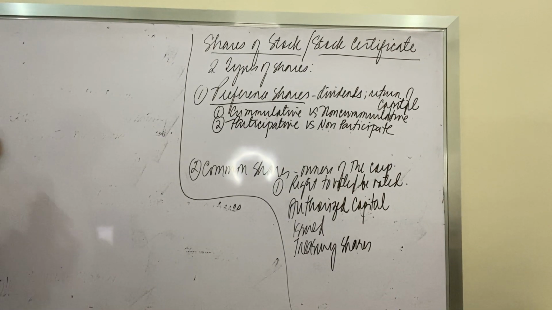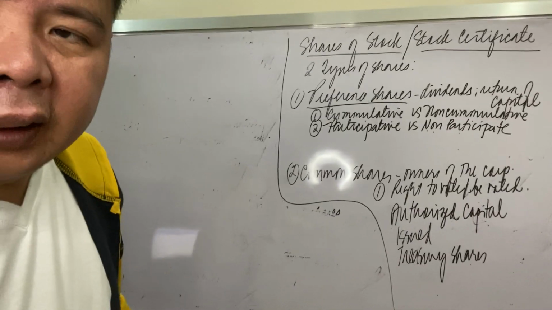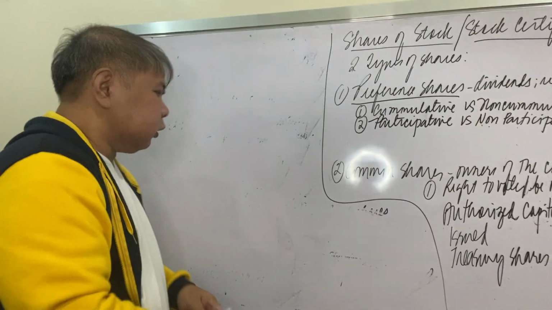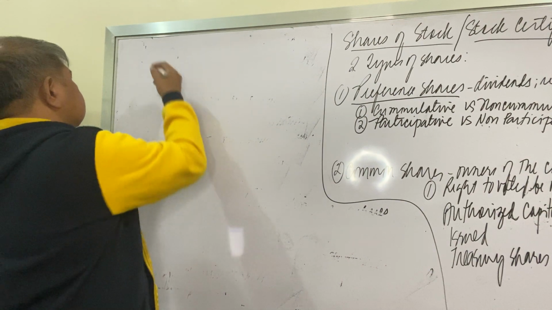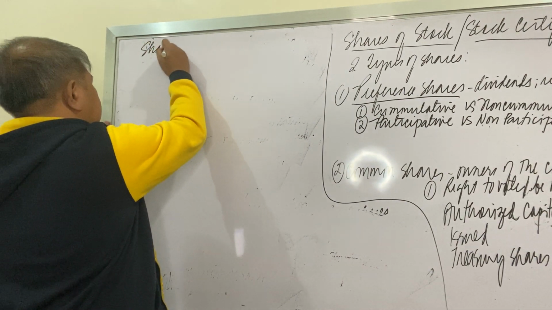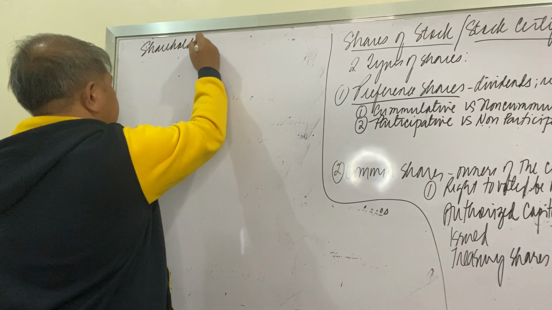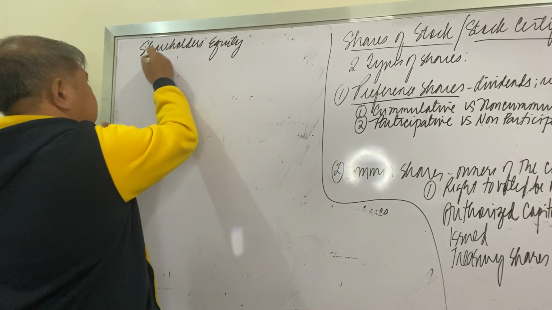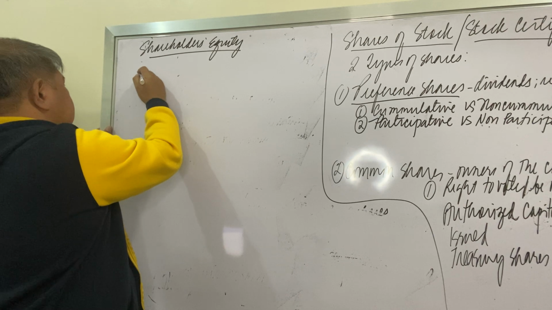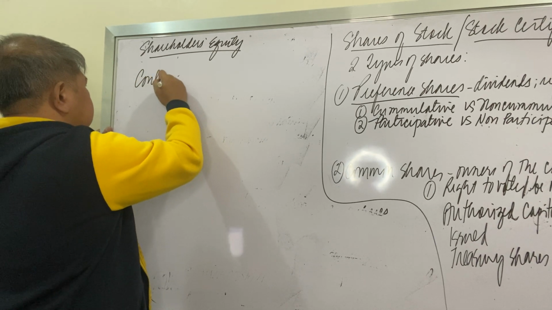Okay, so what are the items that you will find in the shareholders' equity? Number one, you have your contributed capital.